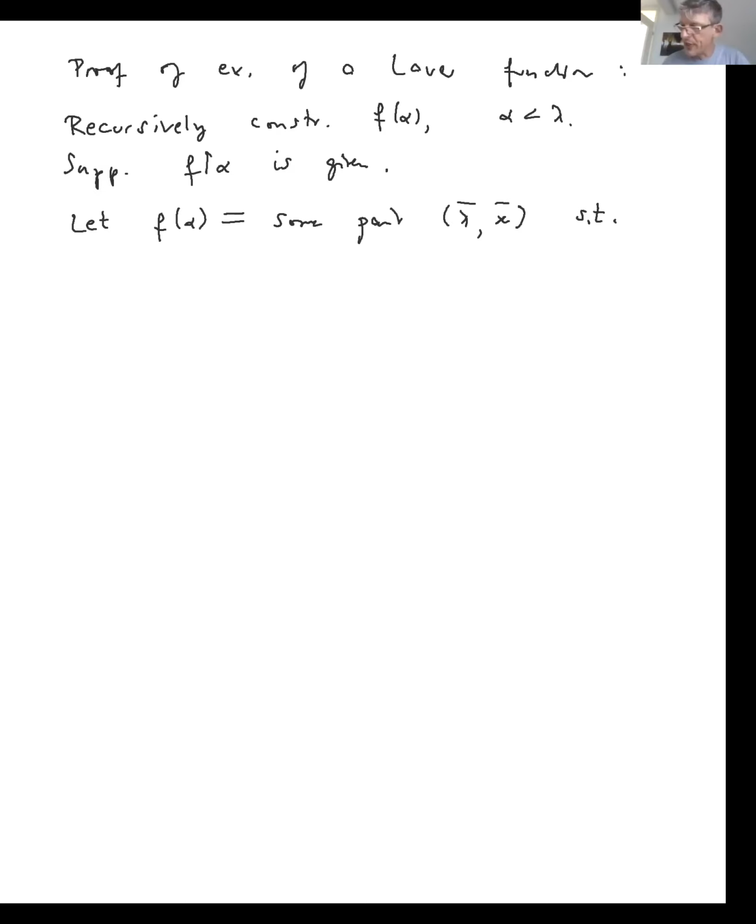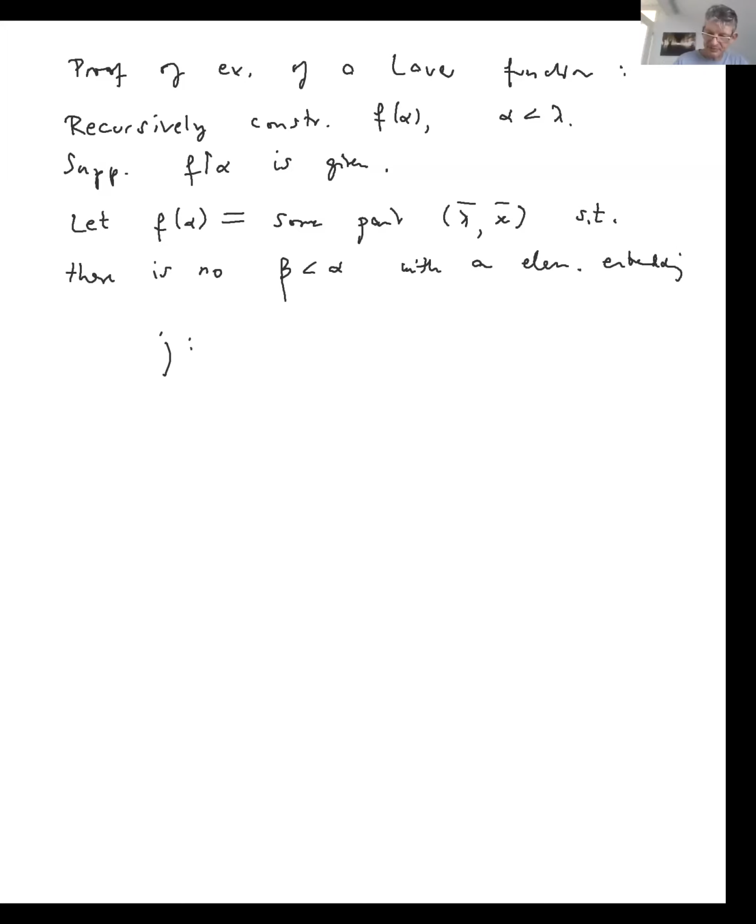So what you want to say is such that there is no beta less than alpha with an elementary embedding J, and I'm pretending that f of beta is an ordered pair and I have a left and a right component. If that's not true, then the beta is also not valid.